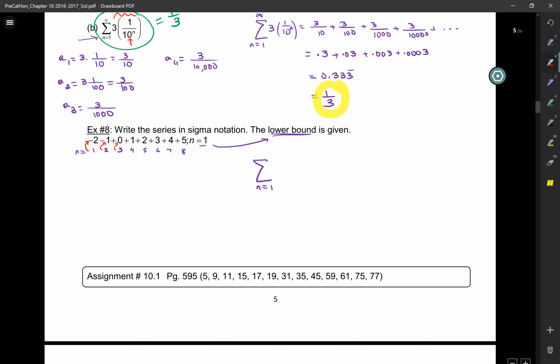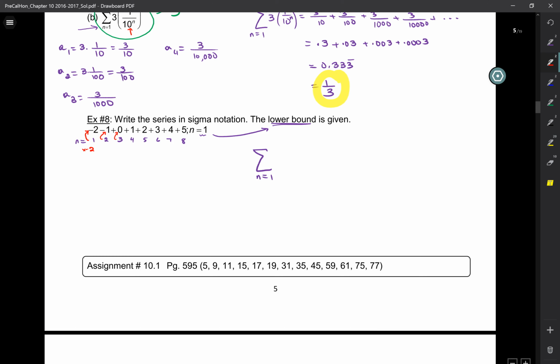Okay, so for example, how do you go from 1 to -2? What would you do to 1 to get -2? Well, one thing is you could multiply it by -2. Okay, so times -2. Is that the same here? Can I do 2 times -2 and get -1? No. Can I do 3 times -2 and get... No.